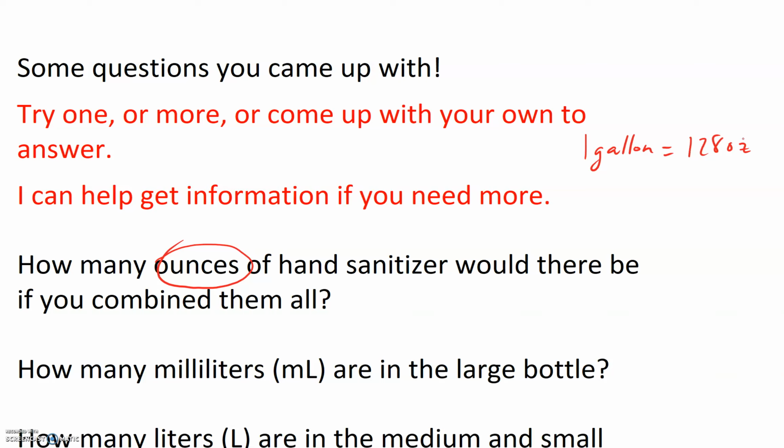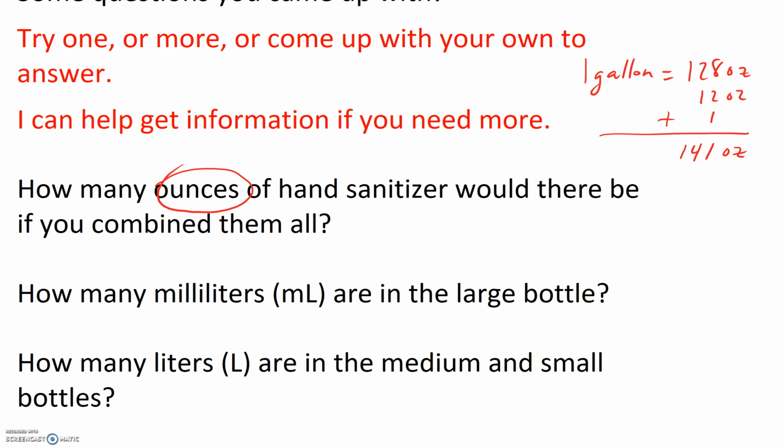Then I gave you the other ounces. The medium bottle was 12 ounces, and the small one was 1 ounce. So if I add those all up, I believe I get 141 ounces. I saw a lot of that answer in the comments in Google Classroom in my class. So good job, you guys.